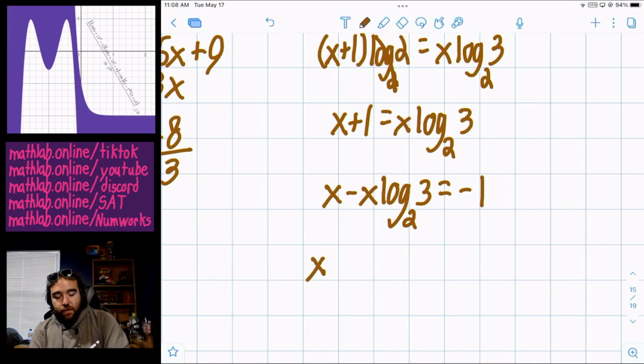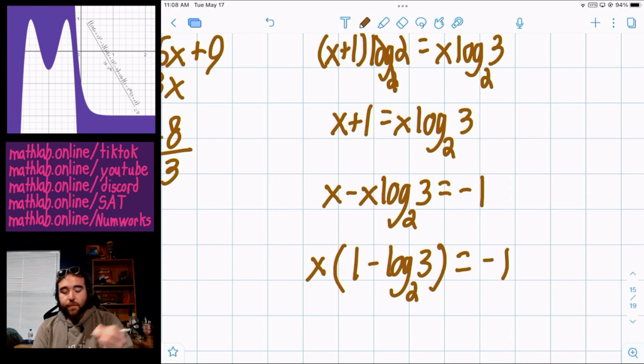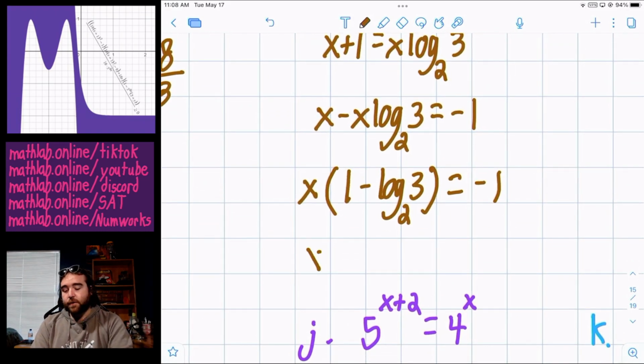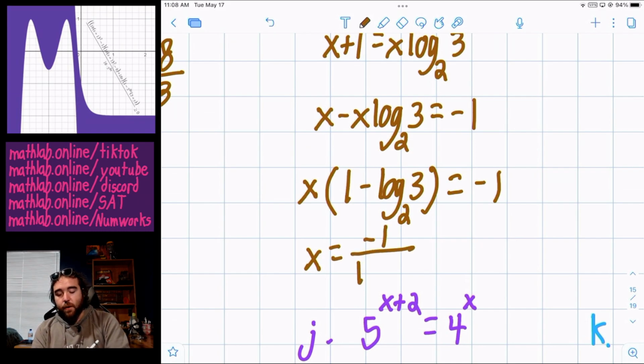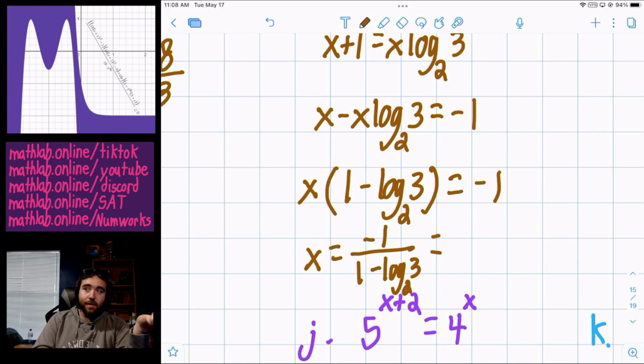And then I'm going to factor out the x. And then I'm going to divide. So I'm going to get x equals negative 1 over 1 minus log base 2 of 3. And that's not a pretty answer, but that's an answer.